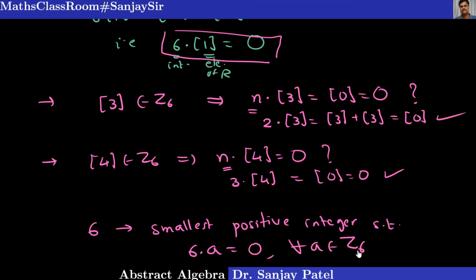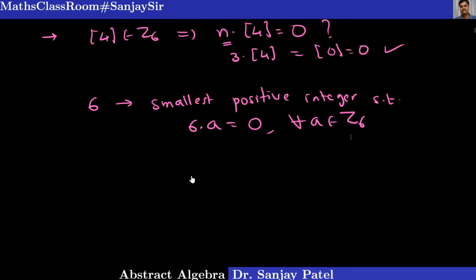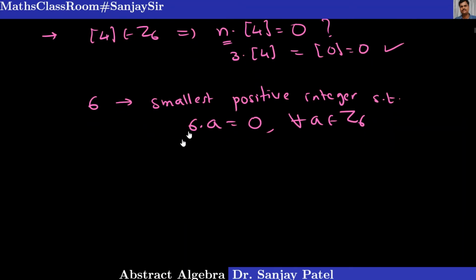Let us verify this for all the elements. 6 times a means 6 into, say, class a is equal to class 0. So in that sense we are talking.